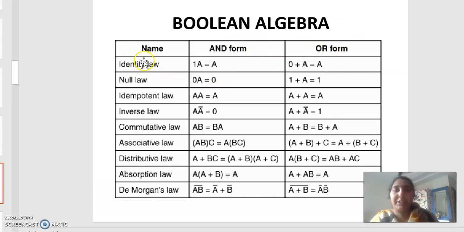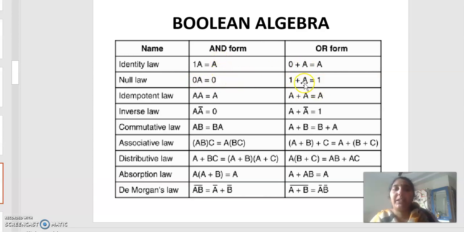For the identity law, in the AND form, 1 dot A is equal to A. Similarly, in the OR form, 0 plus A is equal to A. Null law is 0 dot A is equal to 0, 1 plus A is equal to 1.